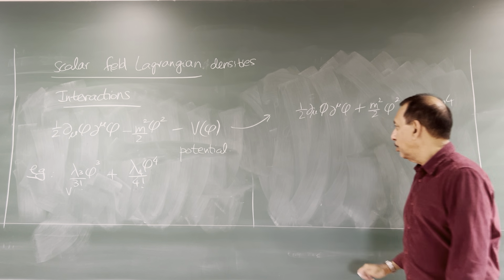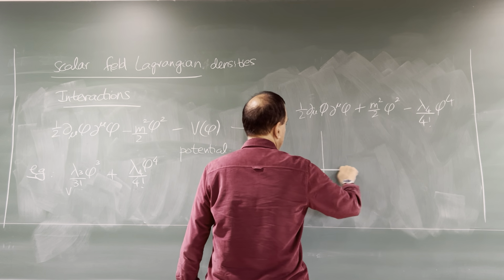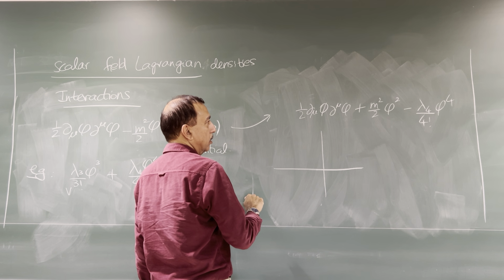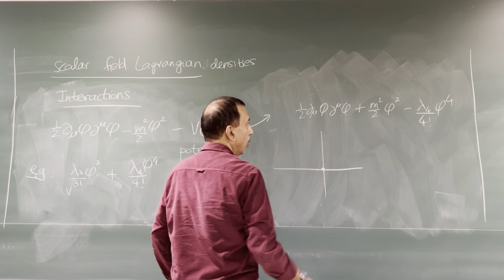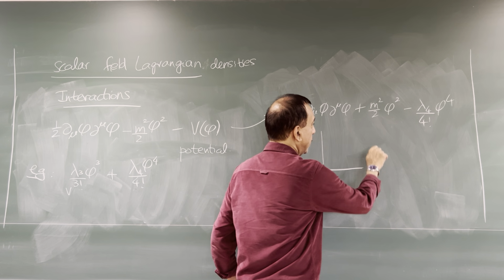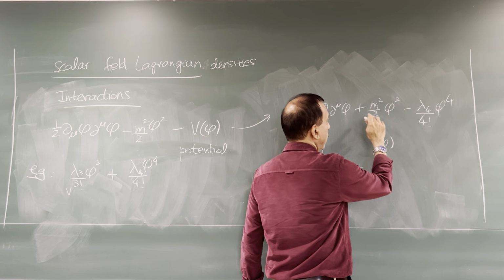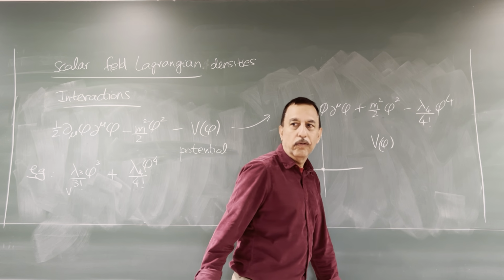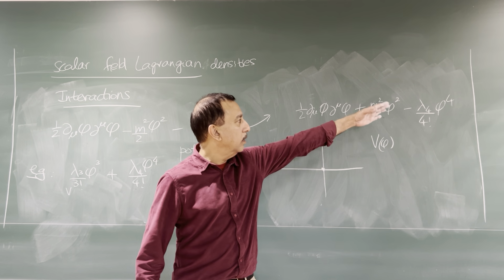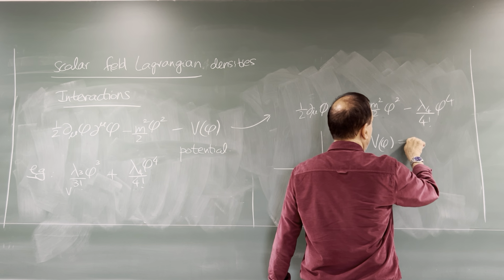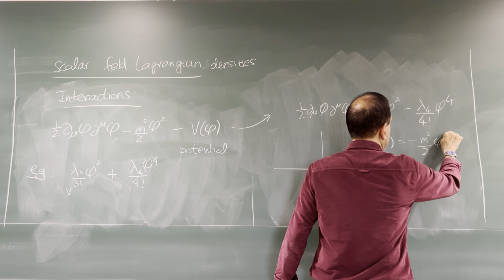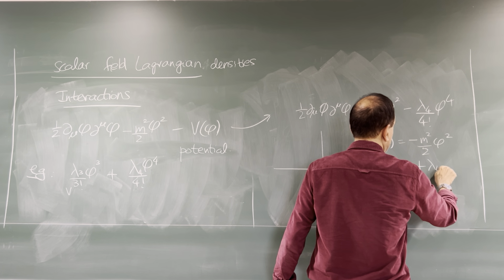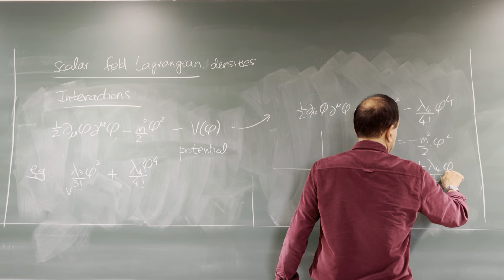In order to understand it better, we should sketch what this curve looks like. At phi equals 0, it's certainly 0. What I'm going to sketch is V of phi, combining this and this together into V of phi, because the field will experience the sum of them. So V of phi is minus m squared by 2 phi squared plus lambda phi fourth.